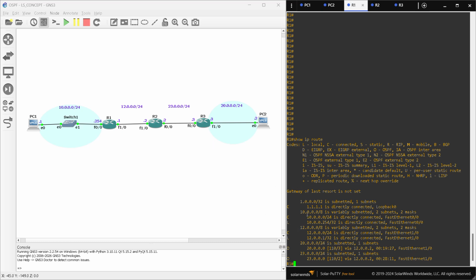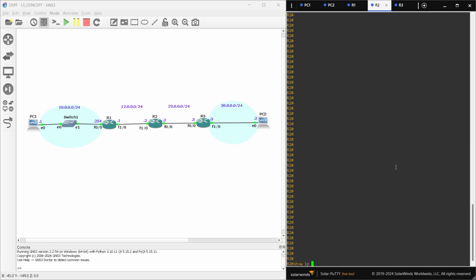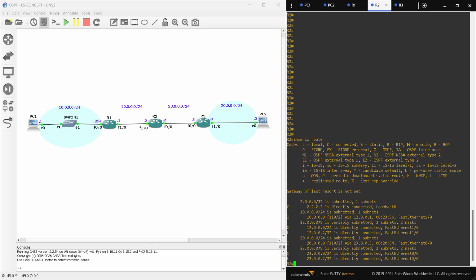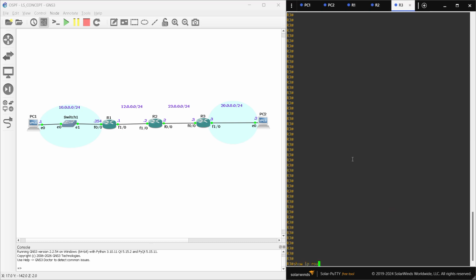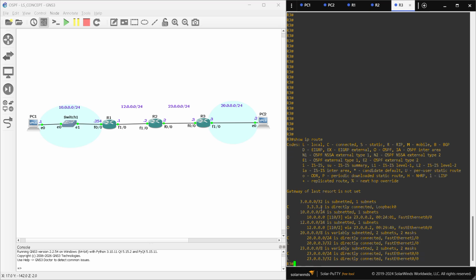But before that, as you saw here in R1, we do not have any information about 2.2.2.2 or R3's loopback address 3.3.3.3. In R2, show ip route only has the information about 2.2.2.2, its own loopback, but no information about 1.1.1.1 or 3.3.3.3. Similarly with R3: 3.3.3.3 is directly connected, but there is no information about R2's or R1's loopback address.